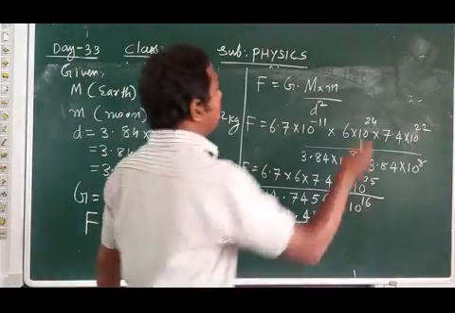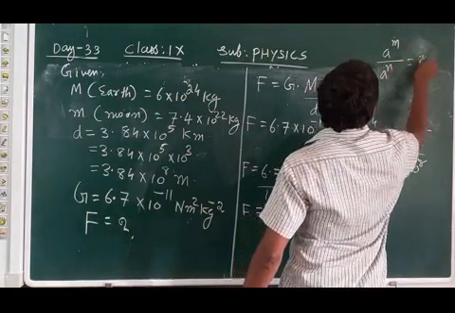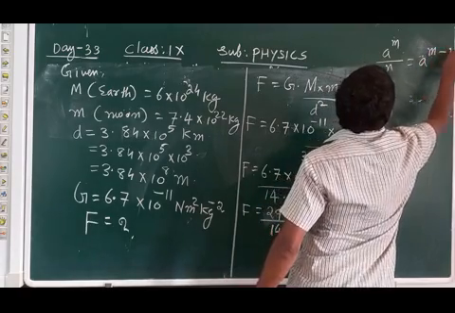A raised to m divided by a raised to n means a raised to m minus n.